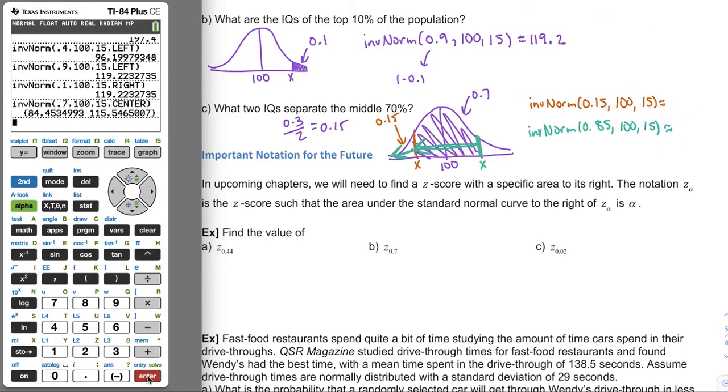If you don't have that function, you can just do these 2 inverse normals separately in your calculator. So the IQs of 84.5 and 115.5 separate the middle 70% of the population.